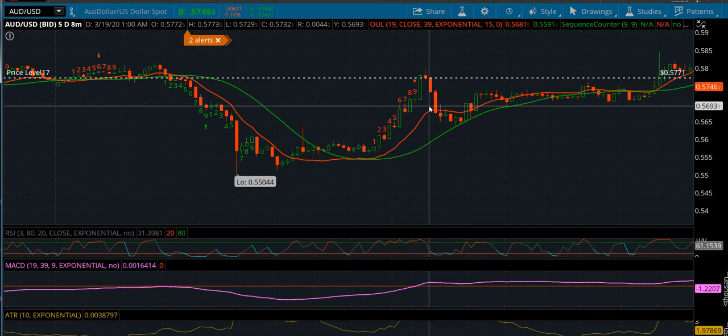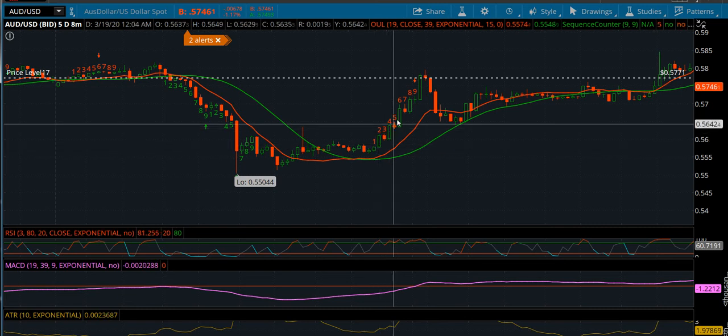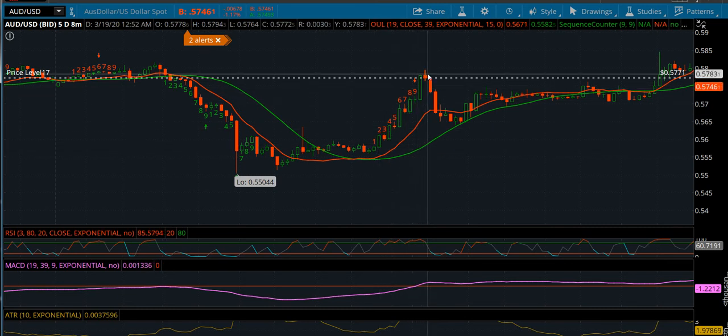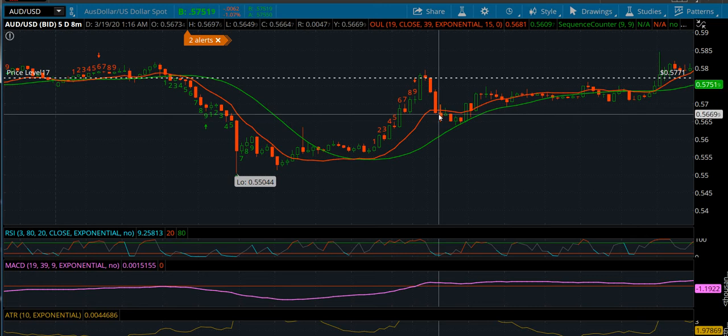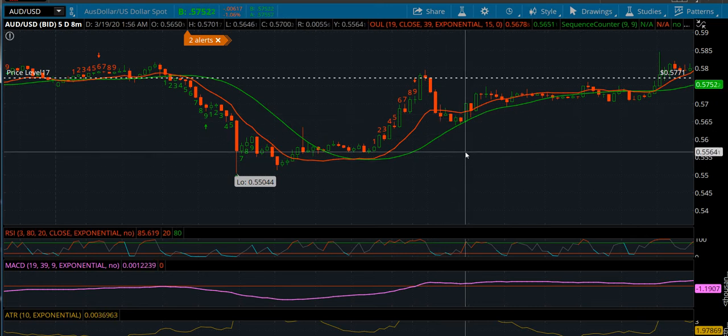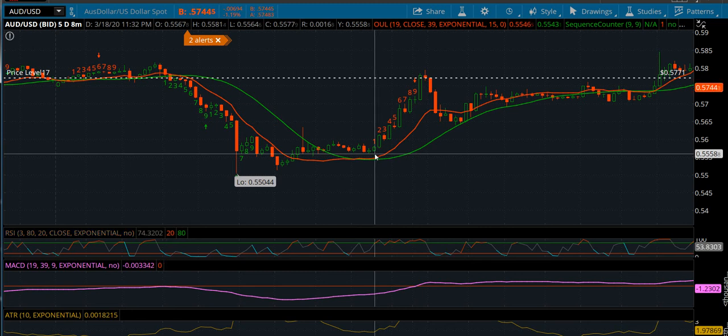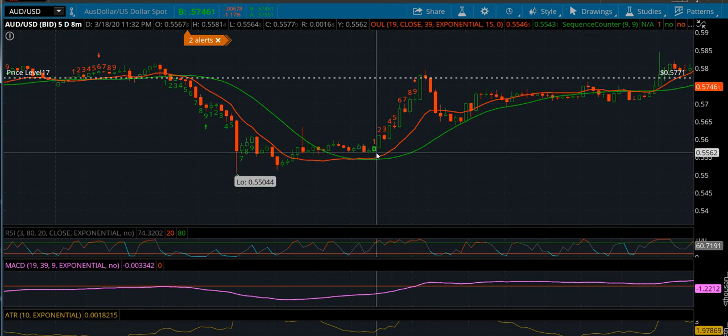Okay. So had you taken this trade, you got a 9 count, you had a 3 bar reversal, and you got underneath the red line. The expectation would have been for the bears to push price down to the bottom of the one candle. This is support.